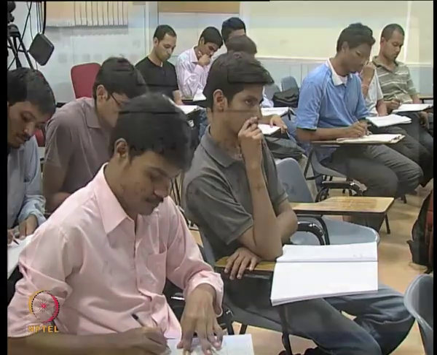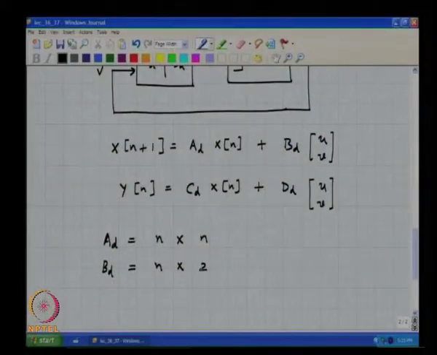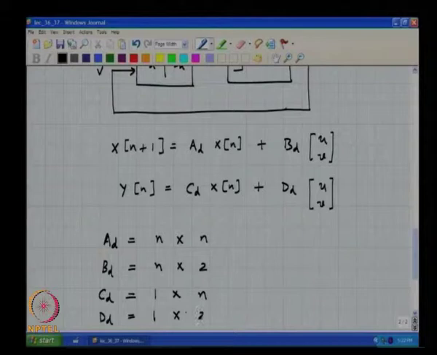N cross 2, CD n cross 1 cross, okay, because you have only one output, okay, and DD 1 cross 2, all right.